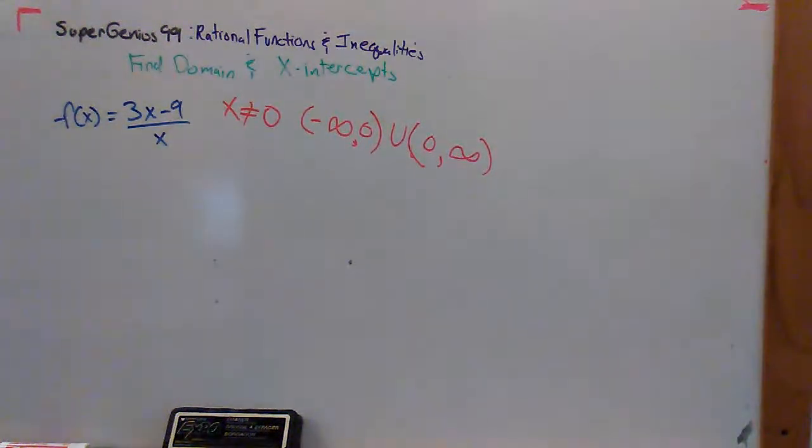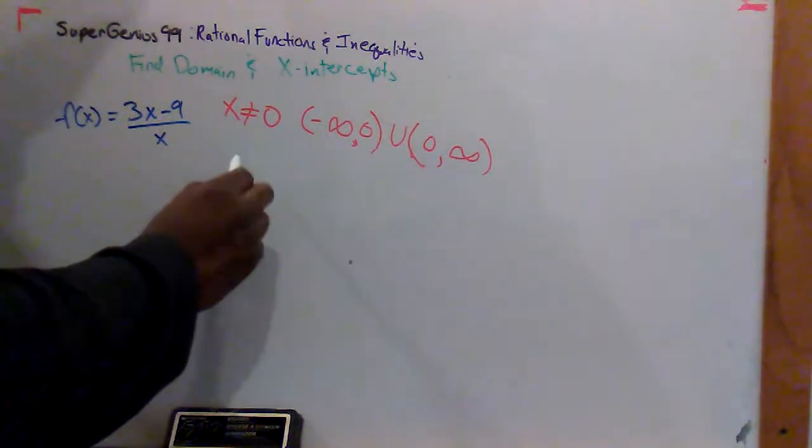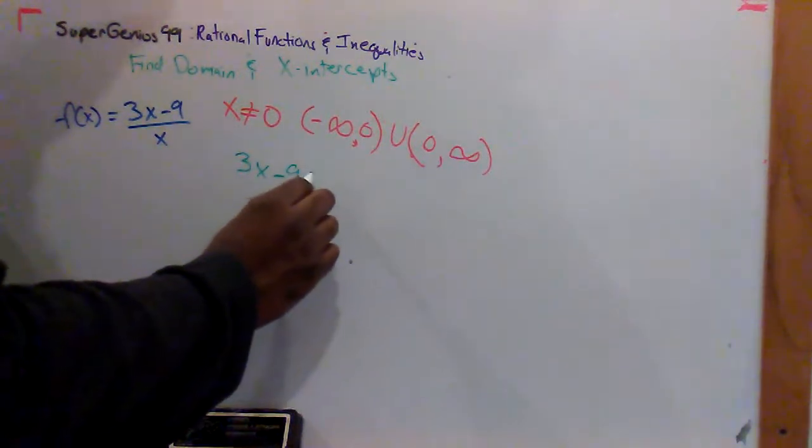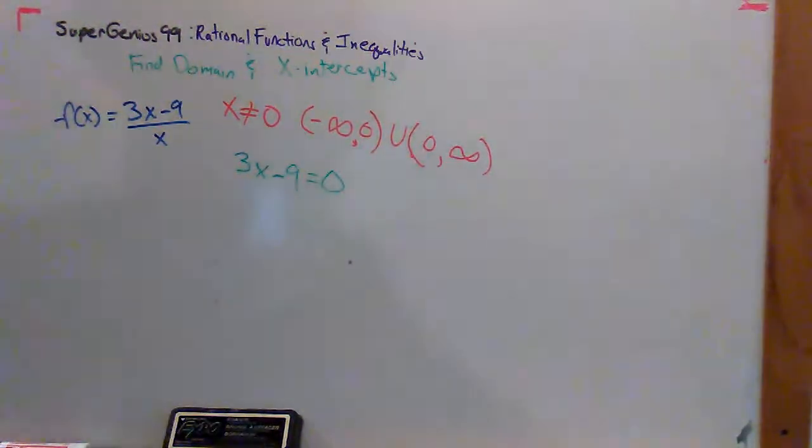Well, for your x-intercepts, you just take that top portion and set it equal to 0, and then just solve for x. So when you solve this for x, first thing you want to do is what? Yeah, factor out your 3.